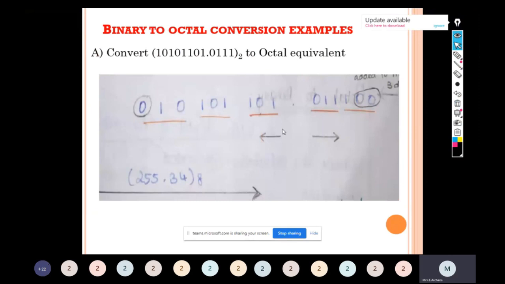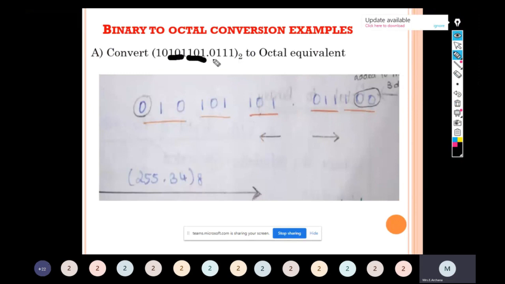We have to start grouping for the integer part from the LSB. For the integer part, we started grouping from the LSB. For the fractional part we have to start grouping from the MSB. If there are not sufficient zeros, we can add leading and trailing zeros. First 101 as one group, next another 101 as another group, then 10, so we can add one more zero at the left-hand side. So this is for the integer part.